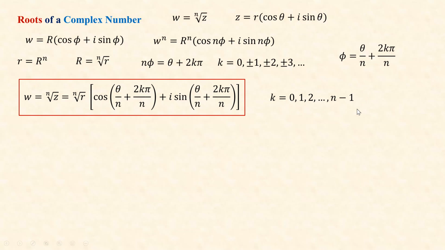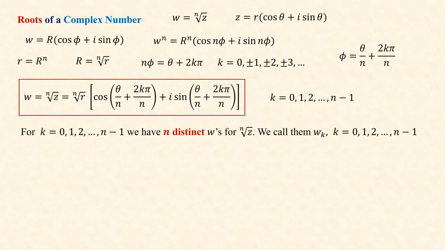All the other integer values of k just repeat themselves. So we have n distinct values for the nth root of z. We call them w_k for k equal to 0, 1, 2 up to n minus 1, for example w naught, w1, w2, and so forth. Therefore, the nth root of z is an n-valued function.